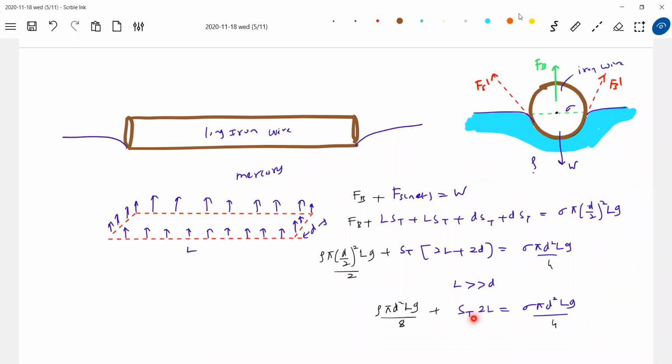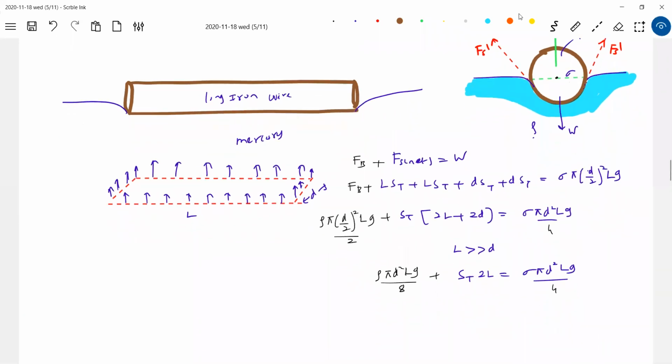Now we'll calculate the diameter D. The expression for diameter D is needed, no? 2STL, L gets eliminated. 2ST is equal to sigma pi g by 4 minus rho pi g by 8 into D square.